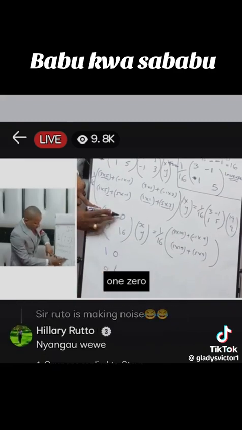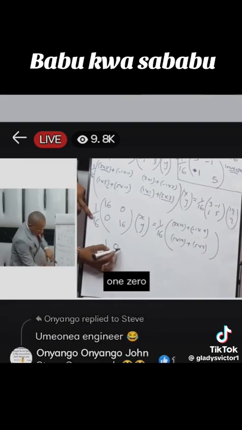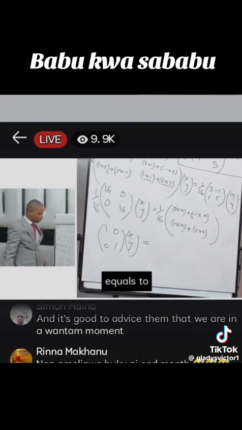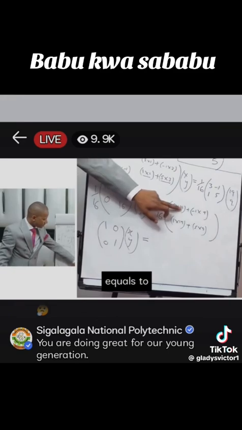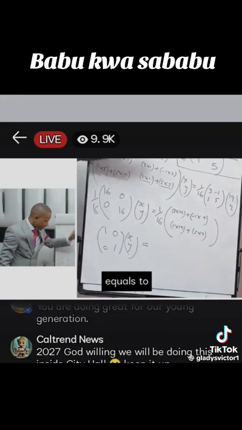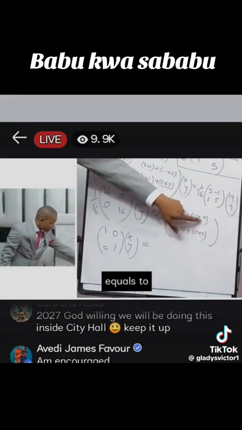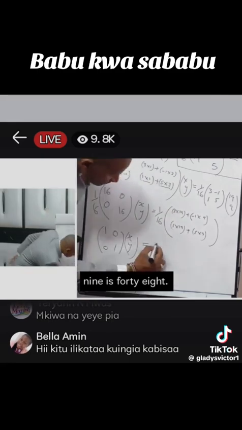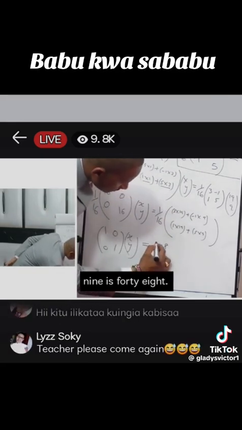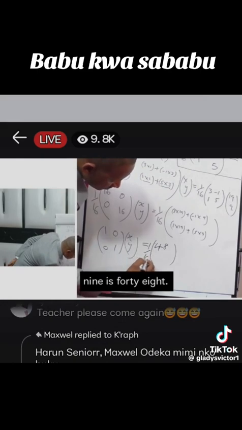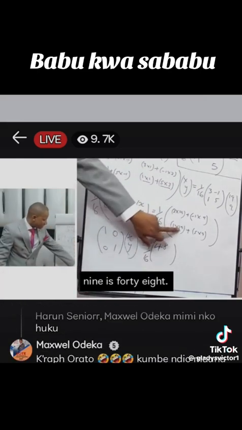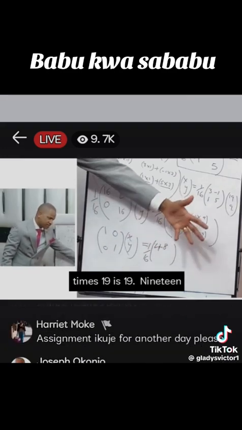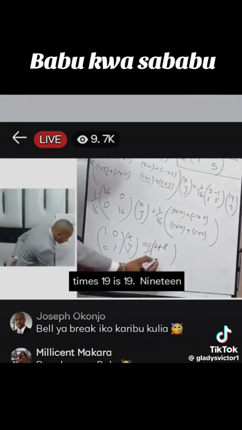You just simply divide everything by 16 because of this. Then x, y equals 3 times 19 is 57. 57 plus minus 9, 57 minus 9 is 48. Remember, we have 1 over 16 outside. Then this is 19. 1 times 19 is 19. 19 plus 45 is 64.